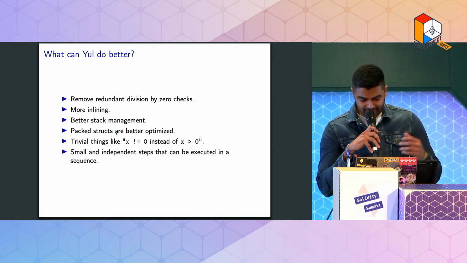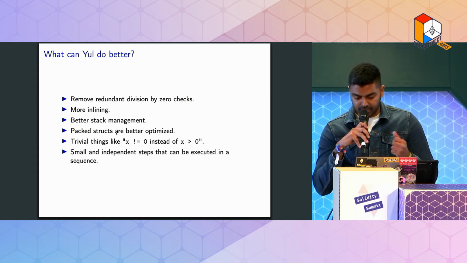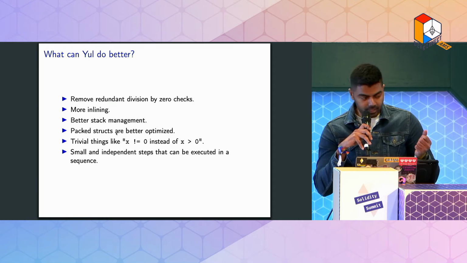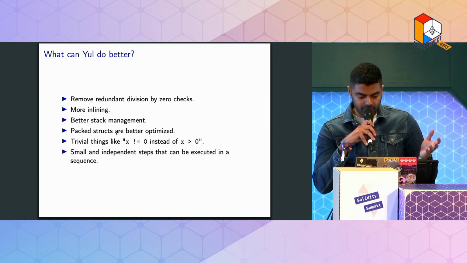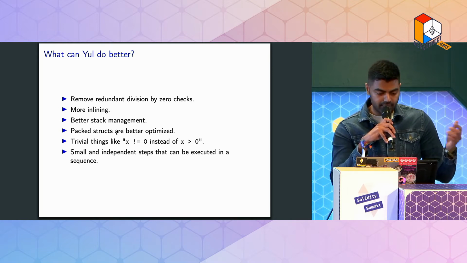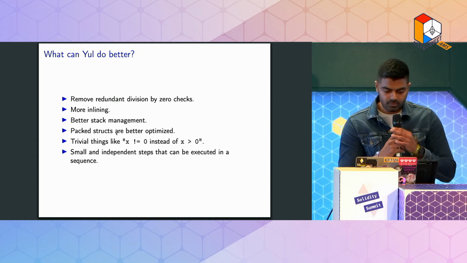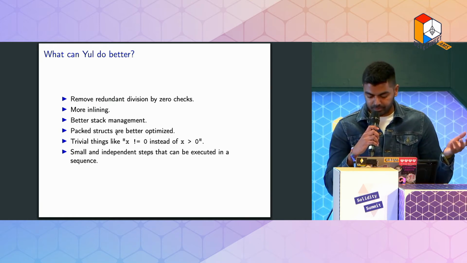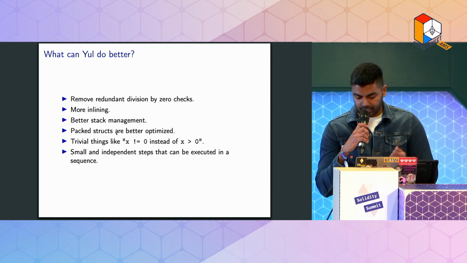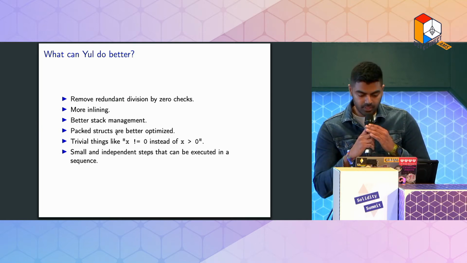Another thing is that the UL to EVM code transformation can manage stack significantly better. You can learn more about it in Daniel's talk, which is right after me. Also, packed structs are much better optimized in the UL codegen and its corresponding optimizer.